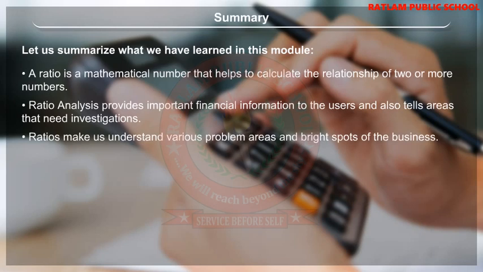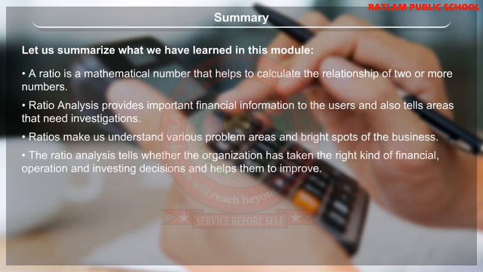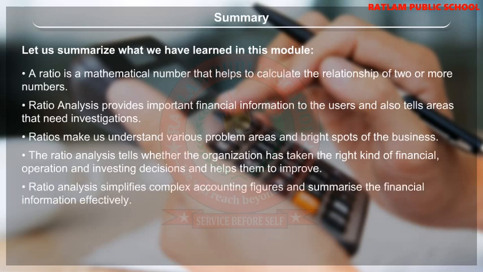Ratios make us understand various problem areas and bright spots of the business. The ratio analysis tells whether the organization has taken the right kind of financial, operation and investing decisions and helps them to improve. Ratio analysis simplifies complex accounting figures and summarizes the financial information effectively.